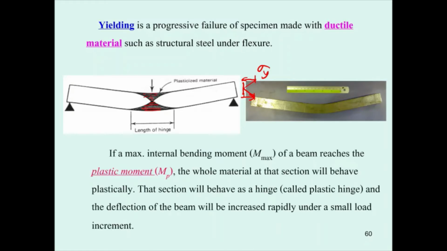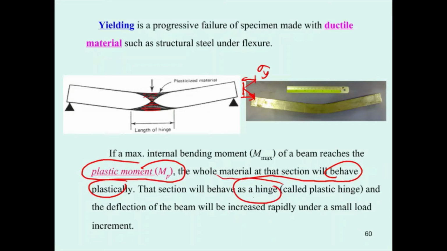You can see from the test the plastic moment will produce this kind of behavior, and the material at this section will behave plastically and form the hinge over here. What happens later is that the deformation of the beam will increase rapidly under a small increment of force.